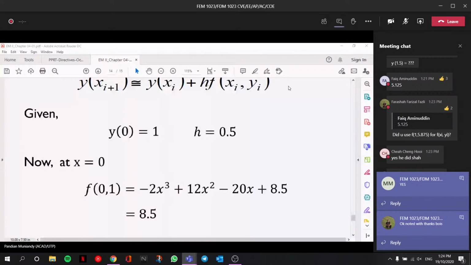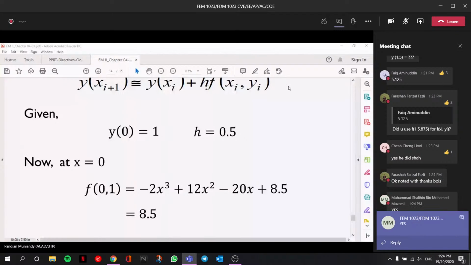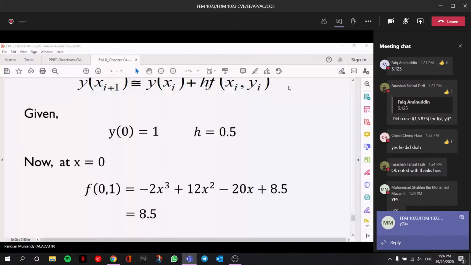F1. No, F1. F1, not 1.5. F1. So the answer is 5.125.